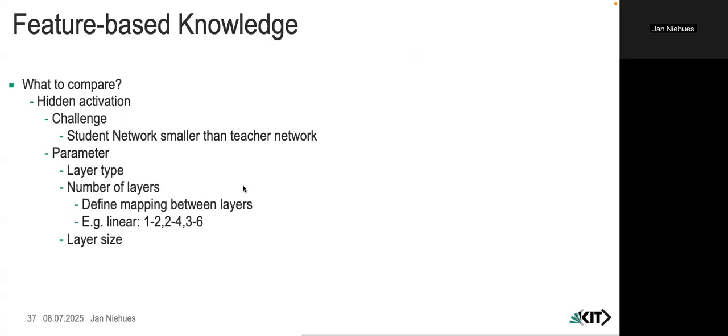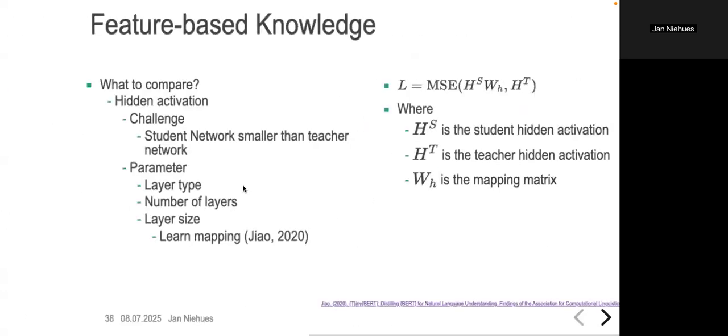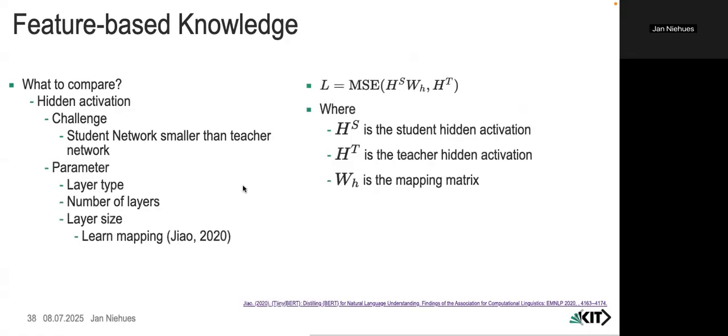Then the last thing is the different layer size. And here things are, of course, a bit more complicated. So for the number of layers, you can define by hand which ones to map. If you now have one layer which has 1000 dimensions and the other one has 500, it might be a bit difficult to define by hand that hidden size 1 and 2 should be the same as 3 or something like that.